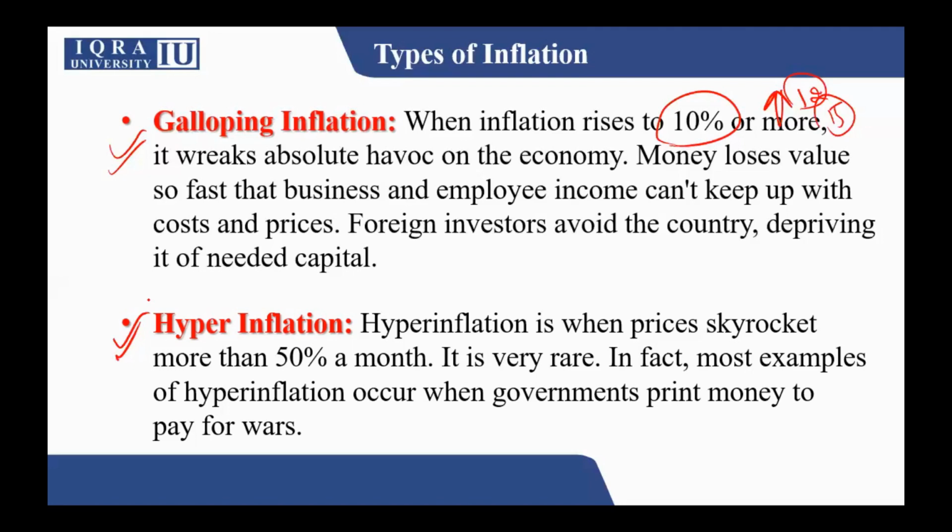Here, our unit is going to be finished. So we have covered first inflation, its definition by different economists, and then the difference between the terminology inflation, disinflation, and deflation.